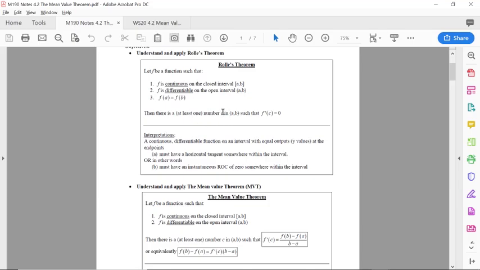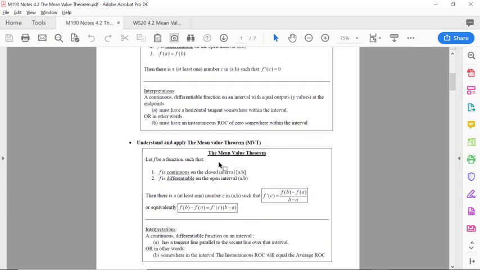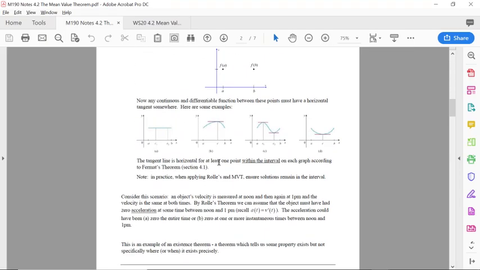that is, there must be some time, at least one time, between noon and 1 p.m., such that the derivative was equal to 0. And what's the derivative of velocity? The derivative of velocity is acceleration. So that means by Rolle's theorem, we can assume that the vehicle must have had a 0 acceleration for at least some time between noon and 1 p.m. It could have been at several times, but at least at some time it was traveling at a constant velocity, even instantaneously.